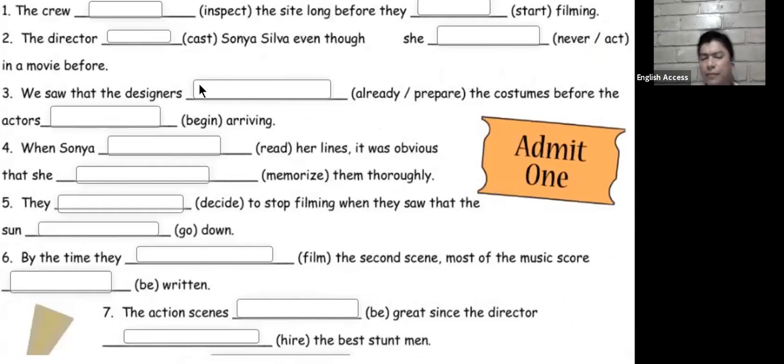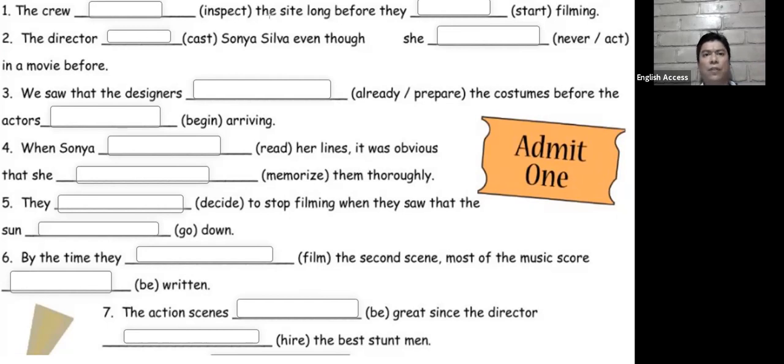Remember, we use the past perfect when we have two events in the past and one happened more recently. So the most recent event is a simple past event and the older event is the past perfect event. So number one, what I want to see is what happened first and what happened later.